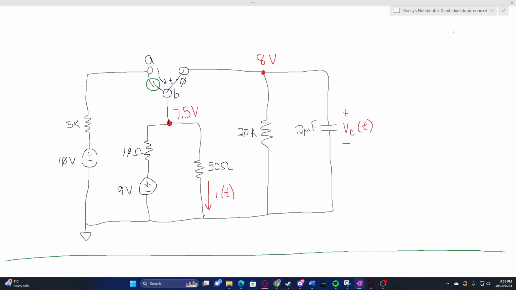The remaining voltage would have to be 3 volts. Maybe they thought the 20K was just 20. Let me look at it like that. So what is 50 in parallel with 20? We'd get like 14.28 ohms.